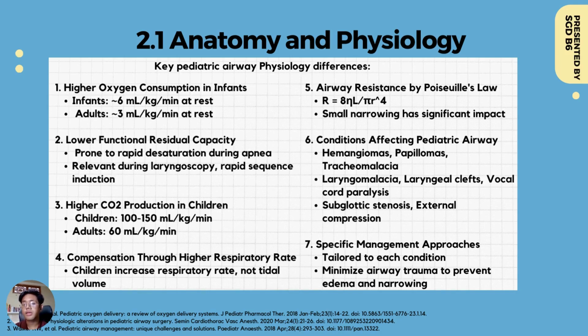Children compensate with a higher respiratory rate and smaller tidal volume. The airway resistance, governed by Poiseuille's law, highlights the critical impact of even minor narrowing in the pediatric airway. Conditions like hemangioma, papilloma, and others can significantly compromise respiratory function. Managing these conditions requires a specific approach tailored to each disease, emphasizing minimal trauma to airway tissue to prevent edema and future narrowing.